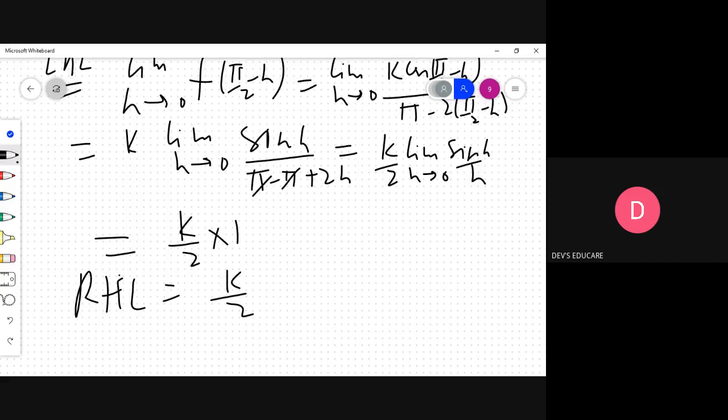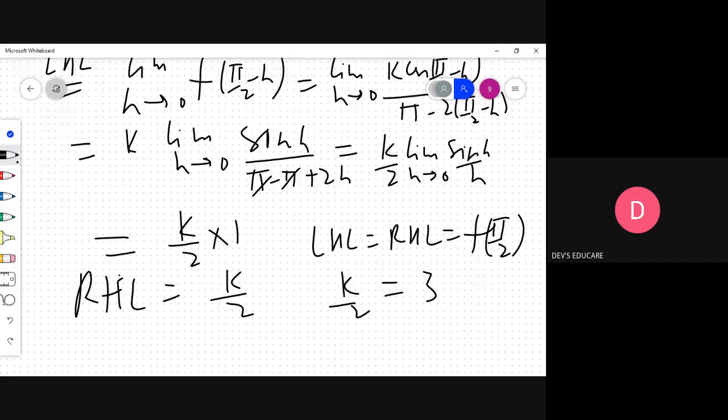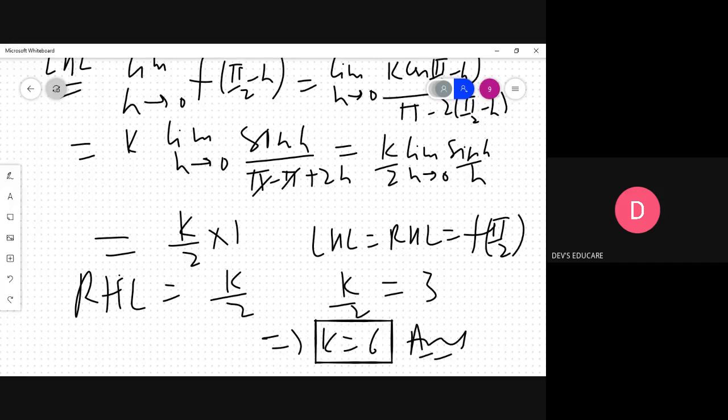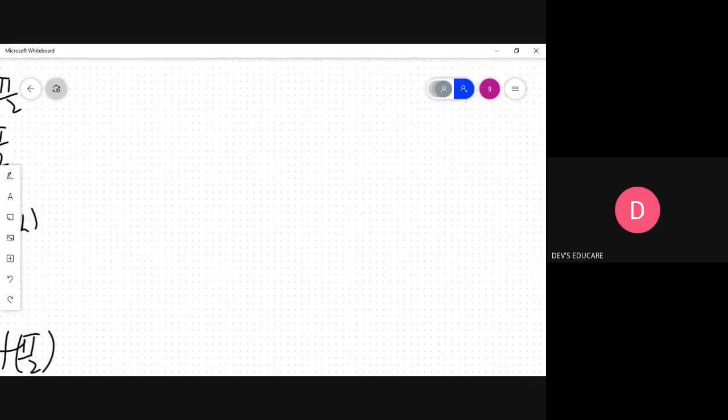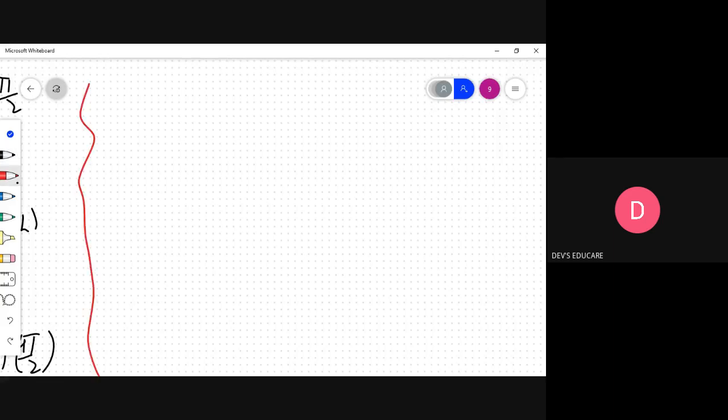So LHL equals RHL equals f(pi by 2). So k by 2 equals 3. The value of the function at pi by 2 is what? 3, given. So the value of k will be 6. Check your answer from the back side and confirm me. Yes, sir. k equal to 6.